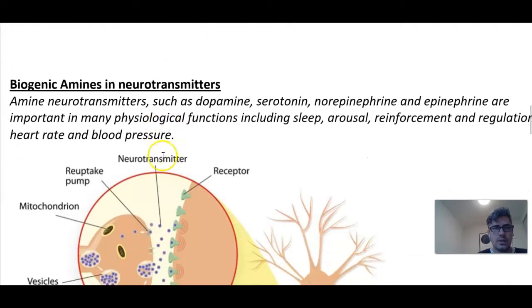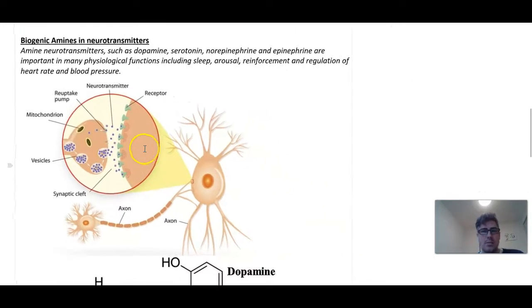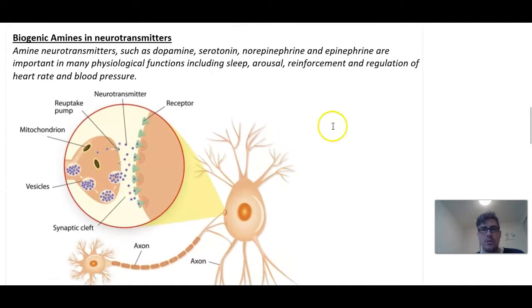Okay, now if we just look at the role of these in nature, one of the most notable roles is as biogenic amines, they're called, as neurotransmitters. So you'll remember from year 9 science that neurotransmitters are important in transmitting messages across the synapse, which is between one neuron and another neuron.